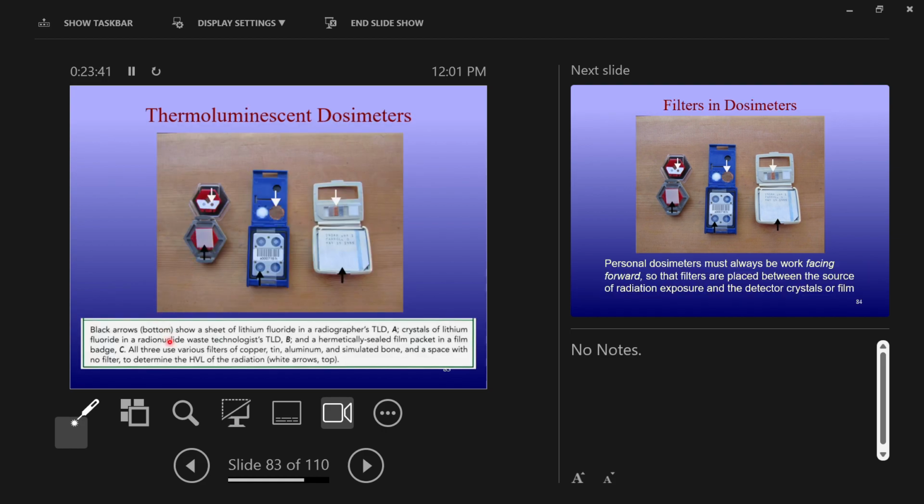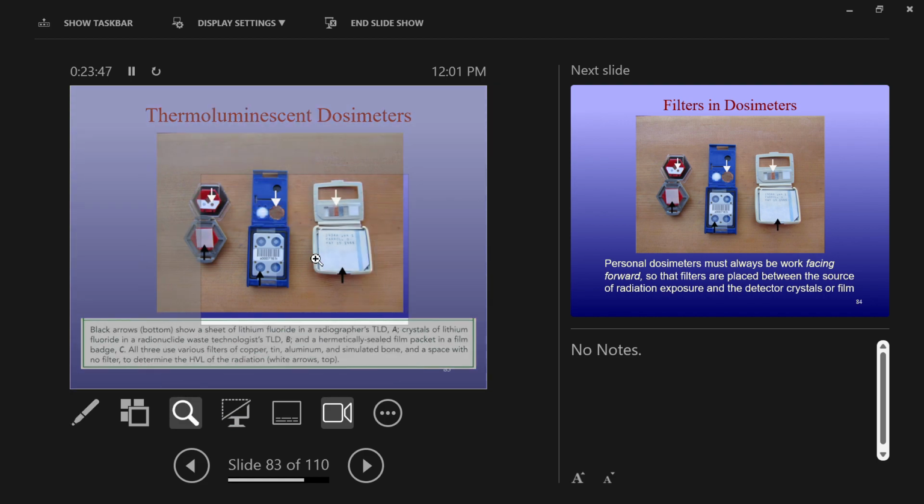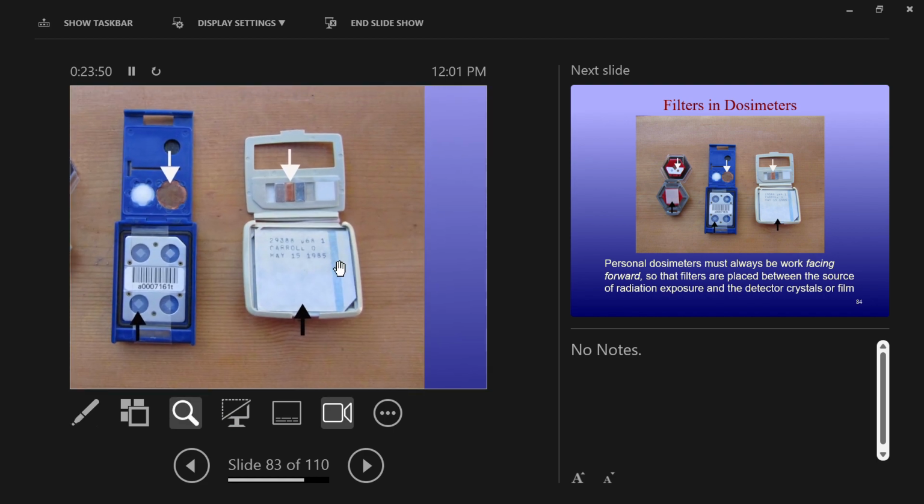So here, these arrows are showing you placement of the filters. For example, if we zoom in on this one, this is a pretty good example, right? Showing you things like copper, probably aluminum, maybe simulated bone, maybe no filter, right? And now when this closes, those filters will sit in front of specific spots on here.